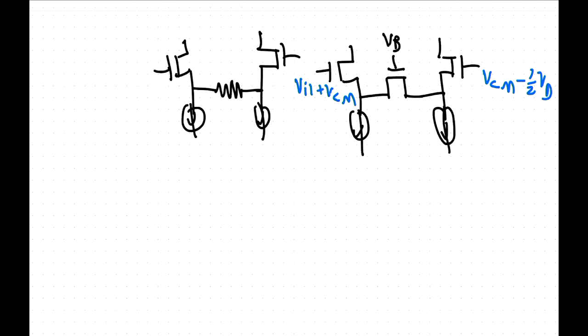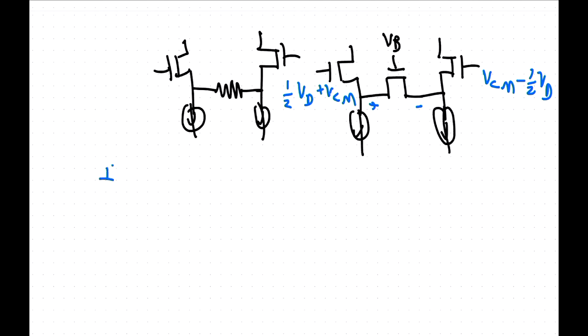okay, I should write like this. If you apply a fully differential signal, so half Vd plus the common mode for each of these, you might wrap it around with the op amp. If this is applied across here, then we have the triode equation for the transistor.